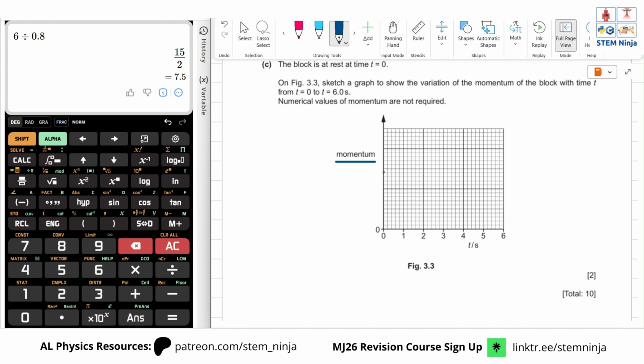Momentum is changing uniformly because velocity is changing uniformly. P is equal to mv, due to constant acceleration, constant force. So momentum would be increasing up until 3. Let's stop over here. And then momentum remains the same because resultant force has become 0.